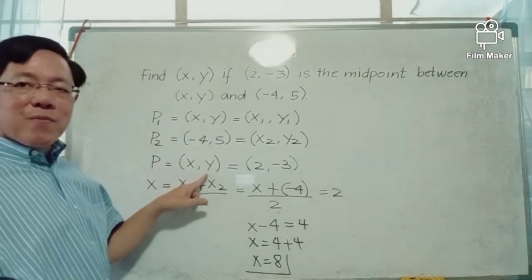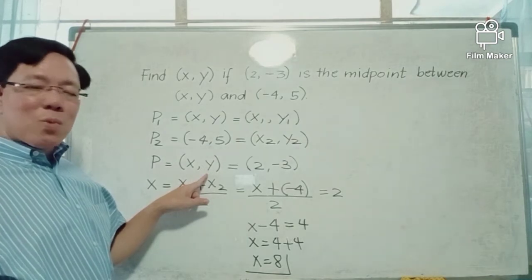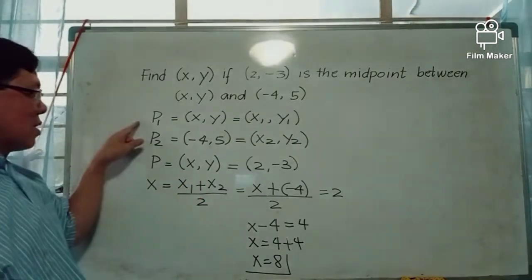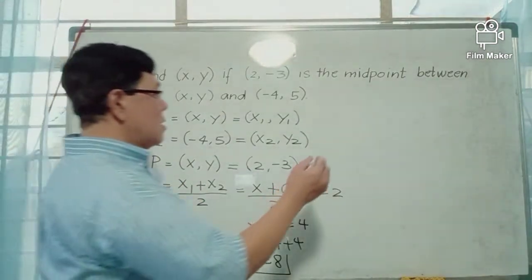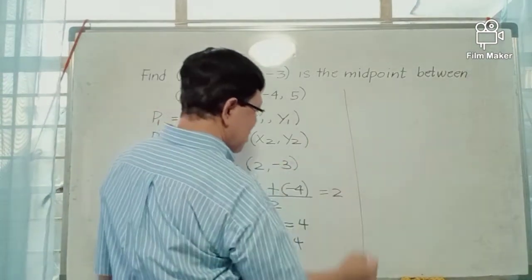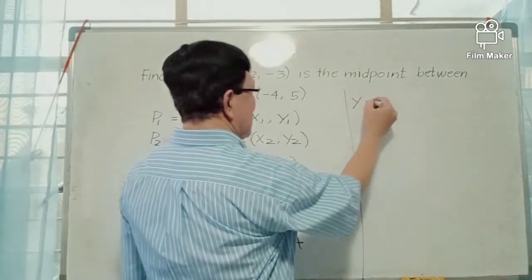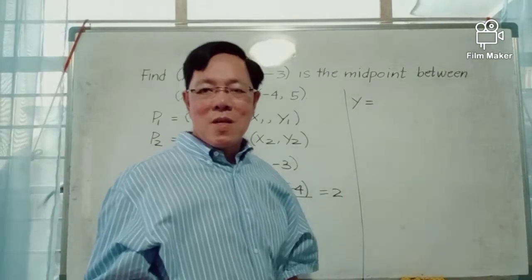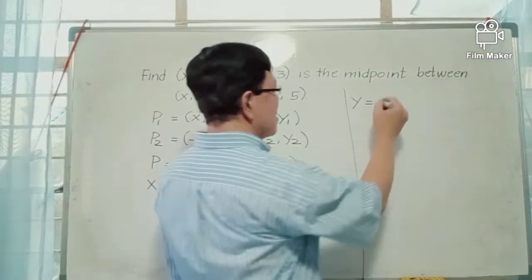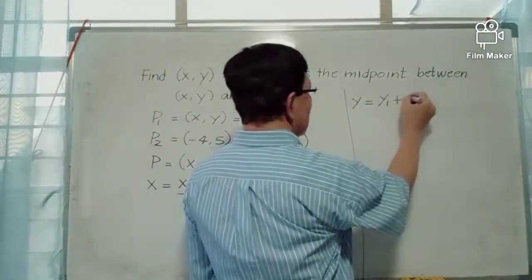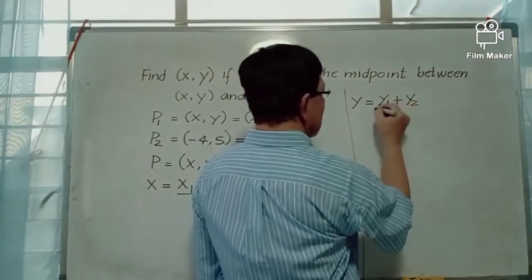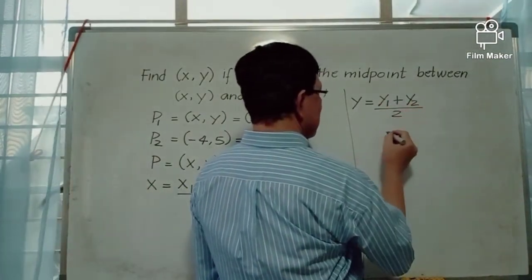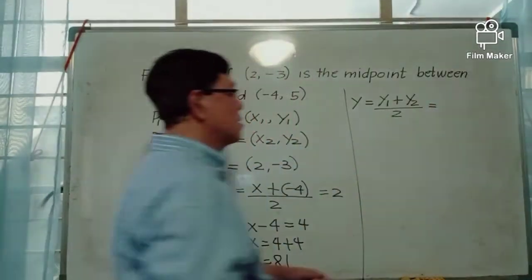Again, by the midpoint formula, the ordinate y of the midpoint P between 2 points is given by the sum of the ordinates of the endpoints of the line segment, y1 plus y2, divided by 2.